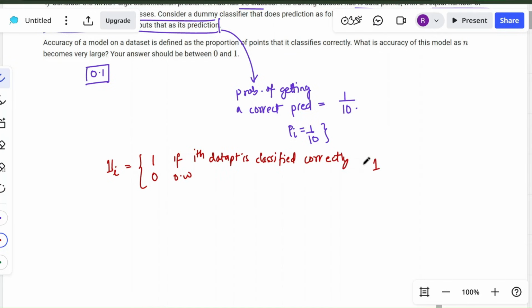So the probability that the indicator variable corresponding to the ith data point is equal to 1 is nothing but 1 by 10. That is what we said here, right? Now, what will be the expectation of 1i? This will also be equal to 1 by 10, just because the probability is 1 by 10.